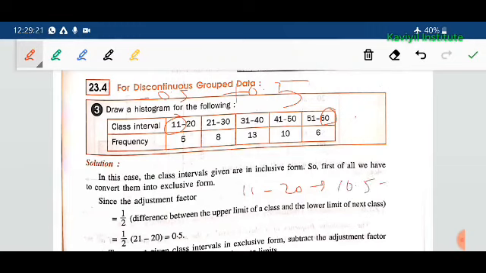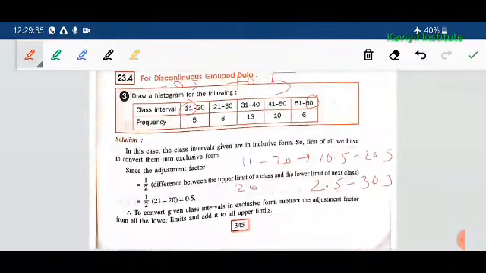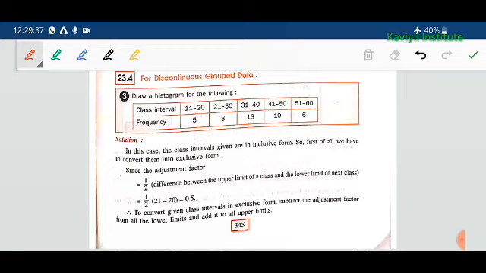10.5 to 20.5, and the second one will be 20.5 to 30.5. In this manner we can convert the class interval.